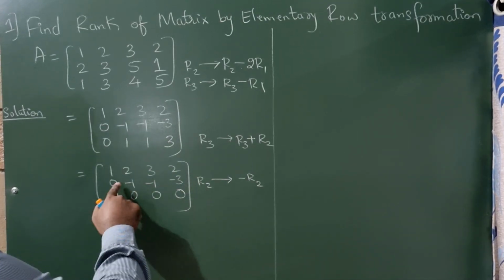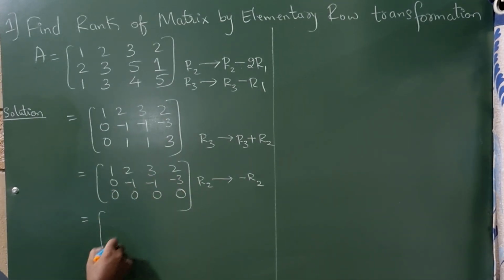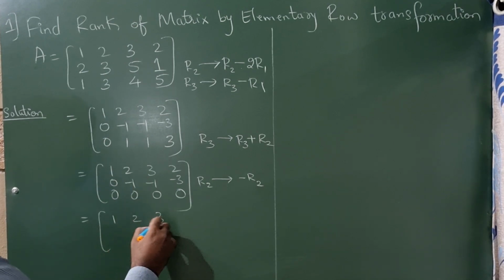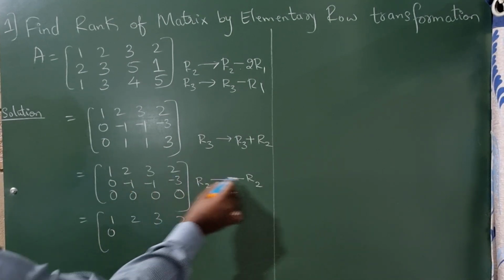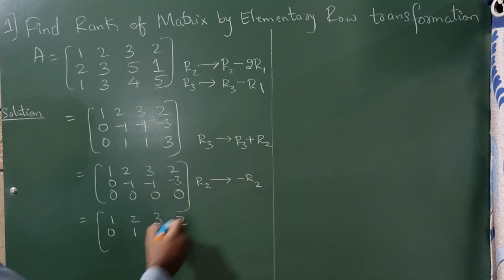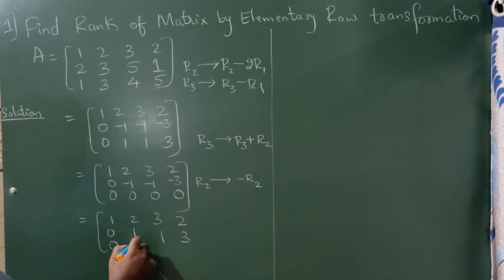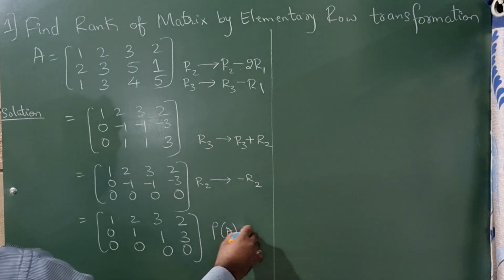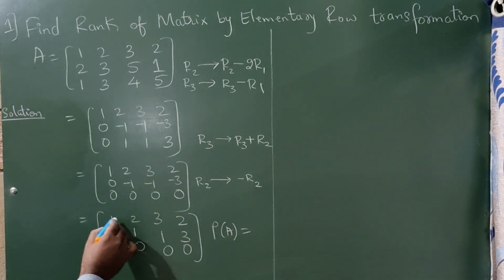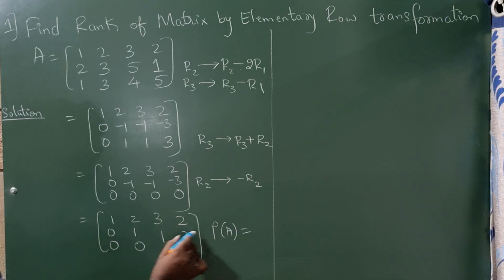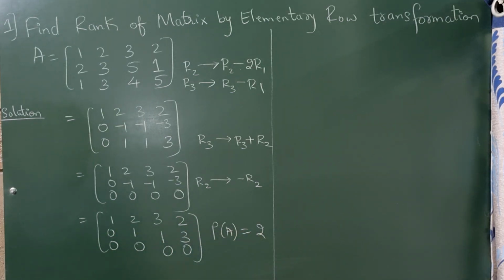If I multiply this whole row by minus 1, write the first row as it is, 0, minus into minus 1, 1, 3, 0, 0, 0, 0. So the rank of the matrix is the number of non-zero rows. This is a non-zero row, this is also a non-zero row. So it is 2.